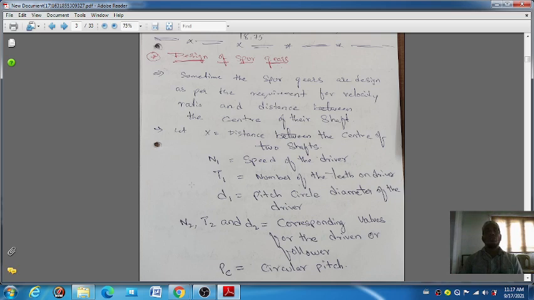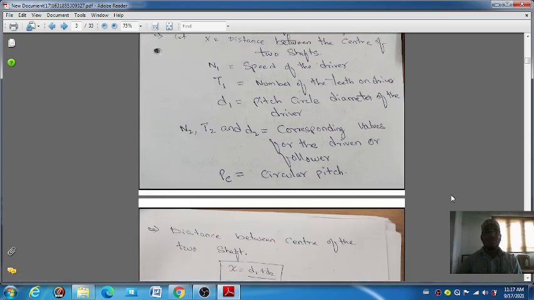Like that T2, D2, N2 will be there, because these two shafts have gears, and those gears we have to design are spur gears, due to the requirement of velocity ratio. PC is the circular pitch.